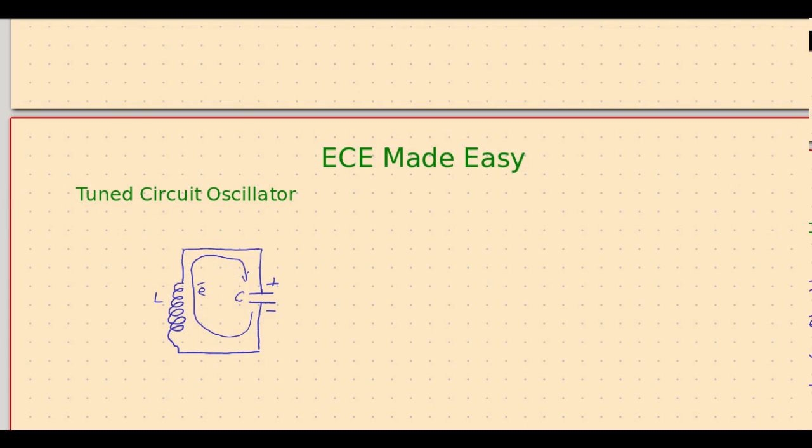And finally when the energy is done, the excess electrons have traveled from this plate to this plate, which means that now this plate has become negatively charged and this plate has become positively charged, and now there is no more energy in the inductor to make it flow.